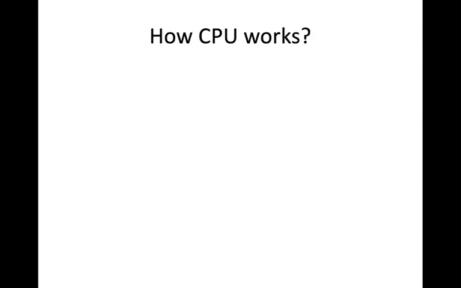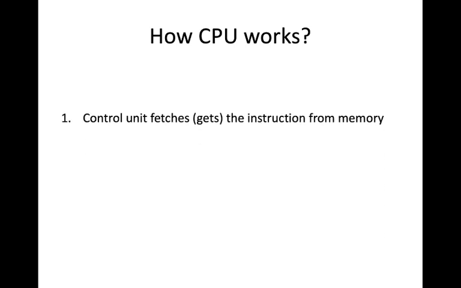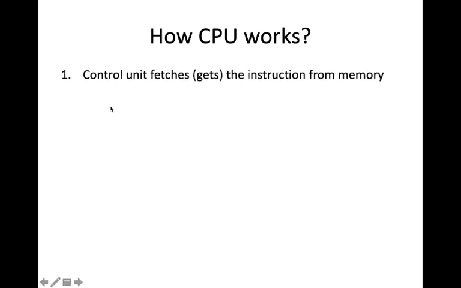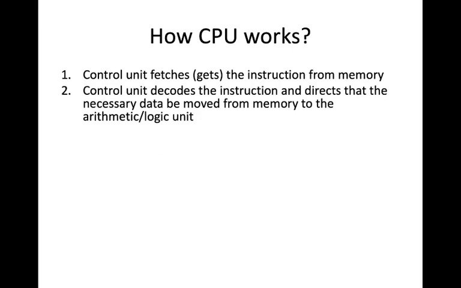And finally, we will see how a CPU, the central processing unit, works. The control unit fetches the instruction from main memory, that is, from the primary memory. The second thing it does is the control unit decodes the instruction and directs that the necessary data be moved from memory to the arithmetic logic unit.